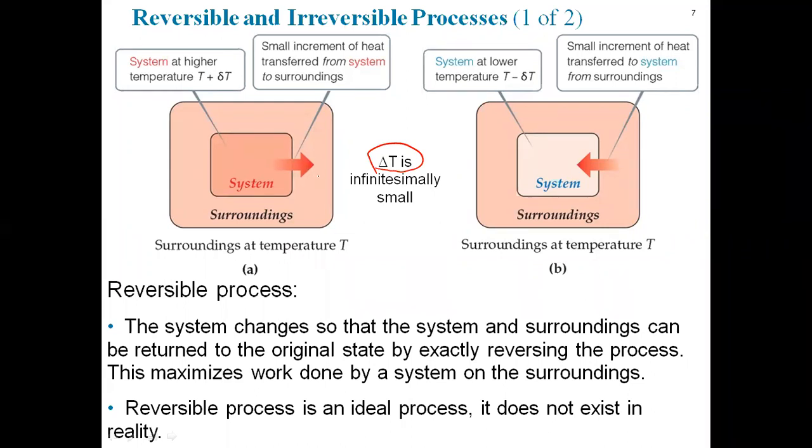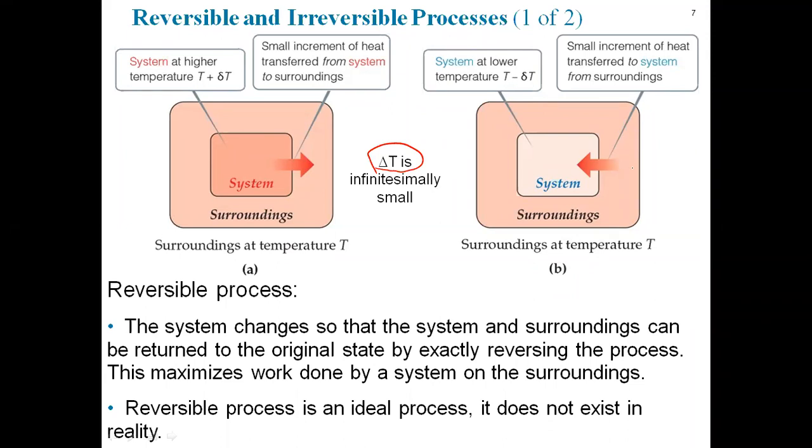It will take forever to finish, so therefore it becomes reversible. Similarly, if the surroundings have a temperature very slightly higher than the system, then the heat will go from the surroundings into the system.